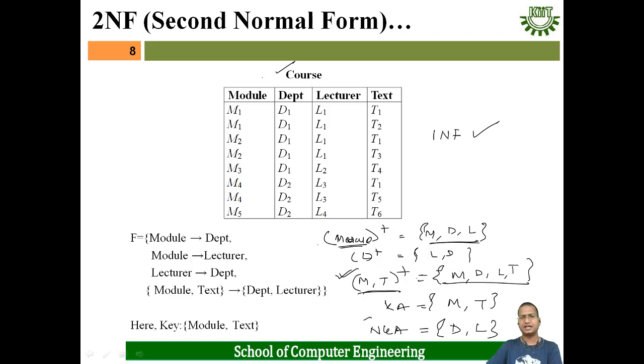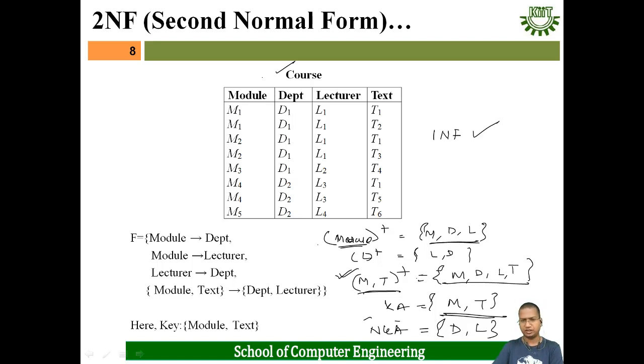Second is whether partial dependency is present or not. We have to see whether part of the key determines a non-key attribute. In this case, the key attributes are module and text. If a part of the key, suppose module determining something or text determining some non-key attribute, then that is known as partial dependency. In this case, just see module determining department.